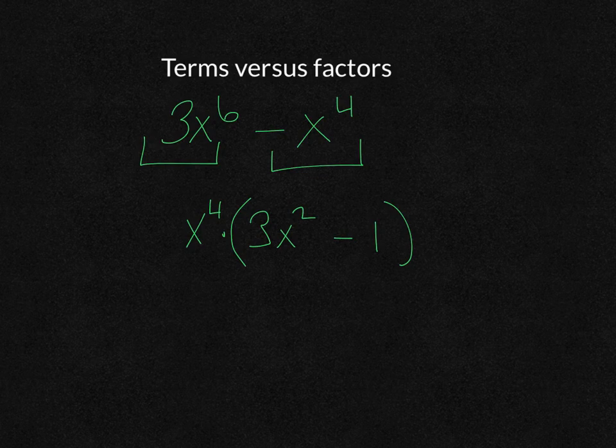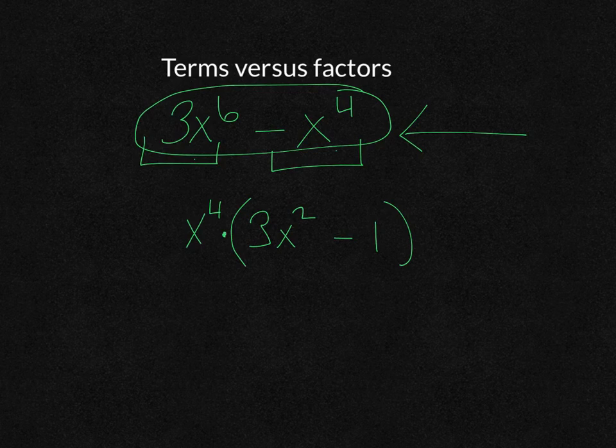In its term form, meaning you have separate terms, you can't reduce, because you need to think of a polynomial as a family that needs to stay together unless it's factored out. So the terms are separated using addition or subtraction, but factors have multiplication.